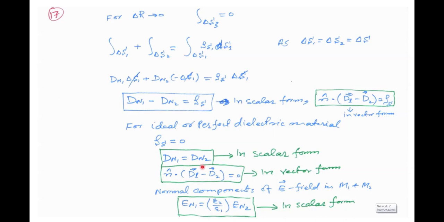Now let us obtain the relation for the normal component of the E field in material 1 and material 2 at the interface. The normal components of the E field at the interface are discontinuous by the ratio between the permittivity of material 2 and the permittivity of material 1.